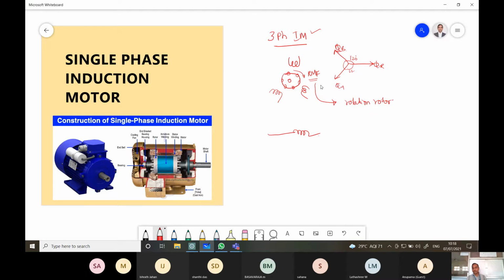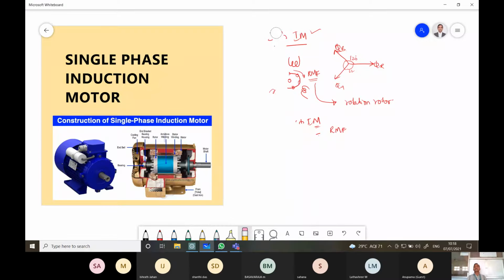How is the rotating magnetic field produced in the single phase induction motor? That is the question here. We will go through a brief introduction, then discuss the revolving magnetic field theory behind the single phase induction motor.